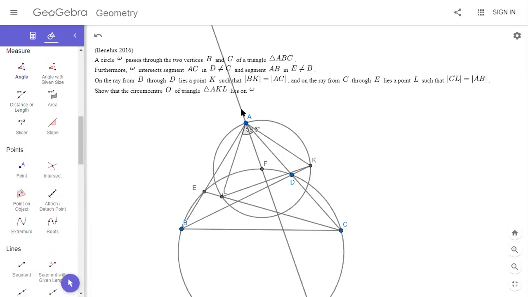I feel like I'm close. So yeah, we've shown this as isosceles. If we can show angle LFK is twice angle LAK, yeah, I think that might do it, right?